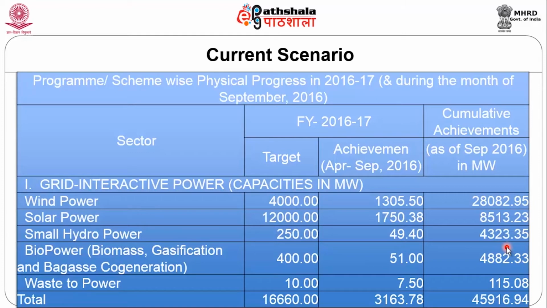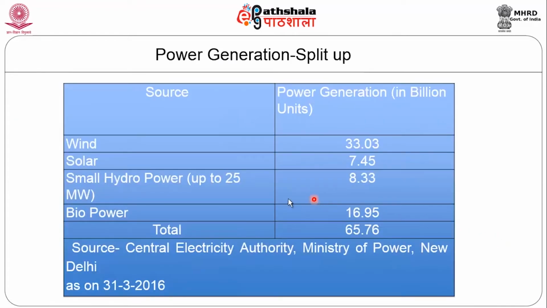And so far we have installed 4,323.35 megawatt of small hydro. It is huge, and the power generation is 8.33 billion units that we have generated through small hydro power.